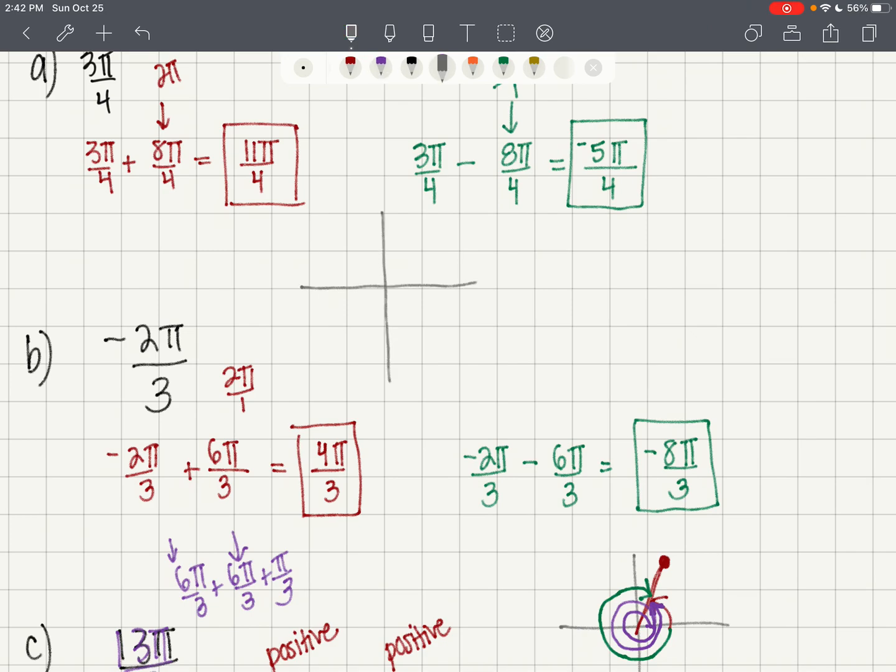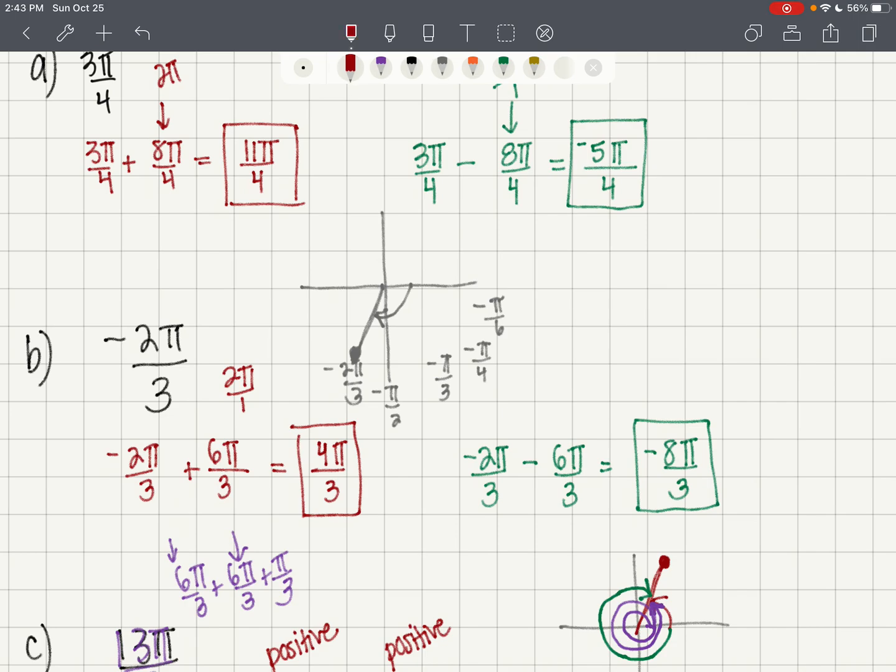You're probably thinking, what does negative 2 pi over 3 look like? Well, I've got negative pi over 6, negative pi over 4, negative pi over 3, negative pi over 2, negative 2 pi over 3. Right there is negative 2 pi over 3.